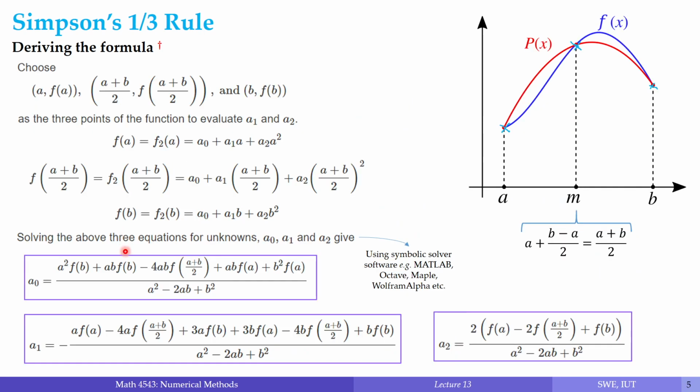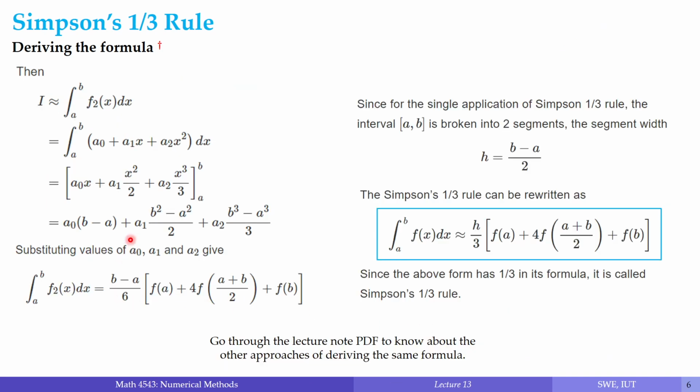Okay. Now that we have, in the previous slide, derived the expressions for a0, a1, and a2, we can simply plug in these three huge expressions in these places over here. Okay, a0, a1, and a2, and we substitute them, and after a series of multiple simplification steps we end up with this formula over here.